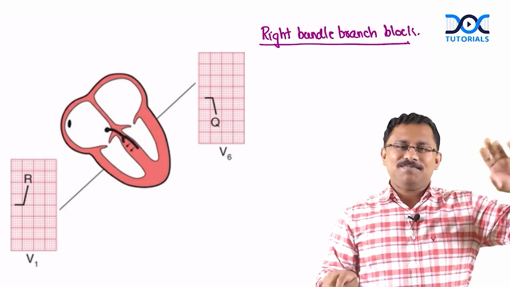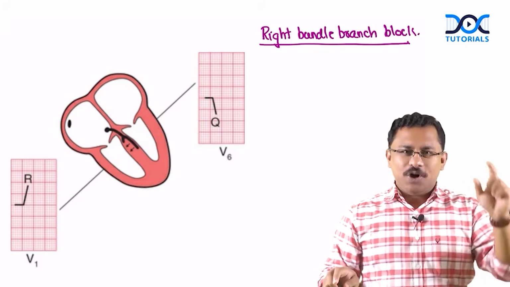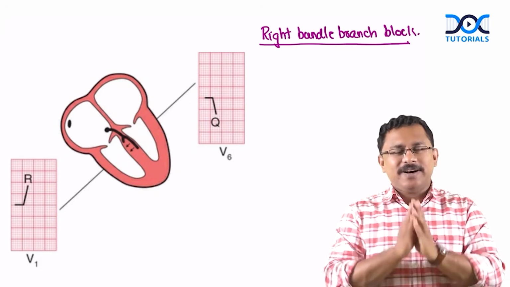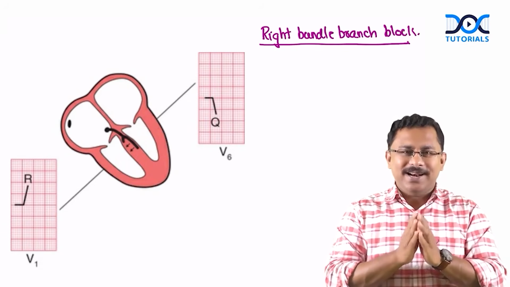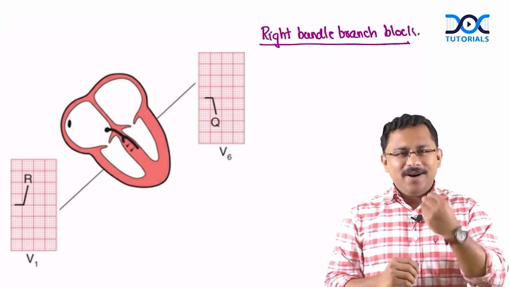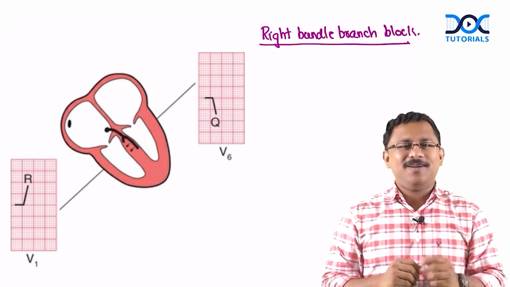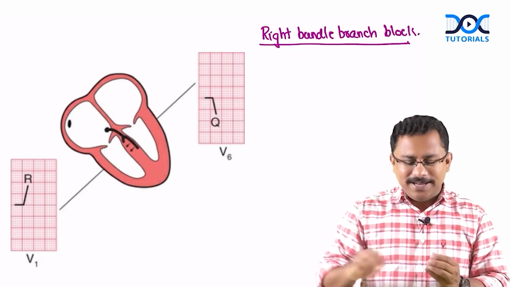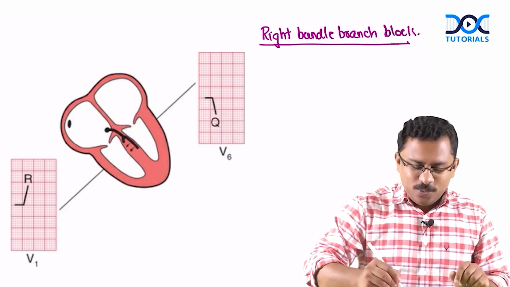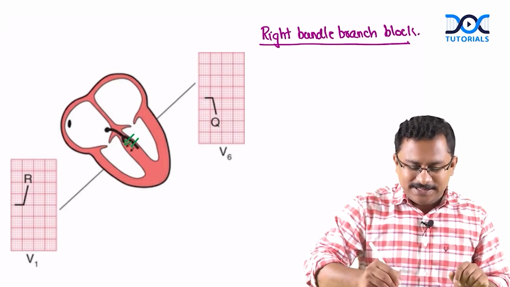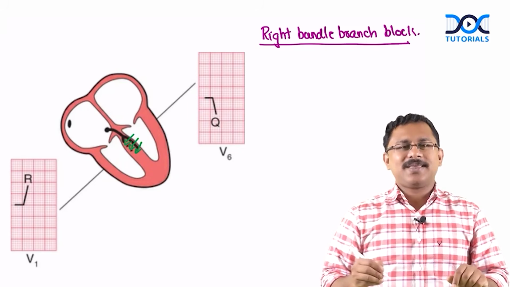Now again, let's compare it with the normal. Remember, the first step will be septal depolarization, and I already told you septal depolarization is from the left bundle branch and not the right bundle branch. So here you will have a net direction in this direction.